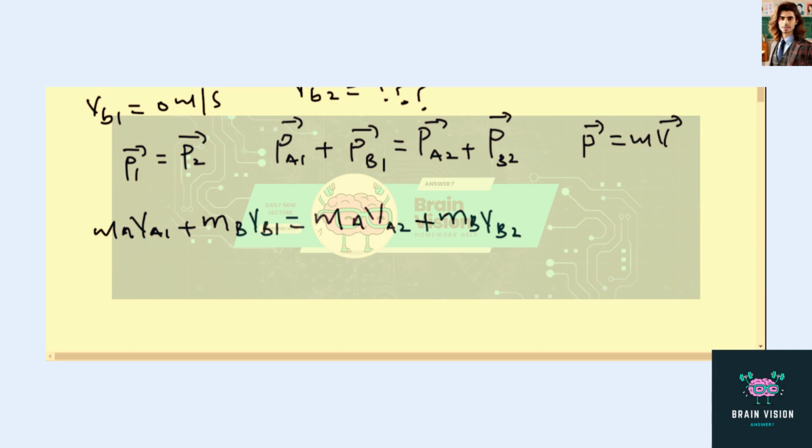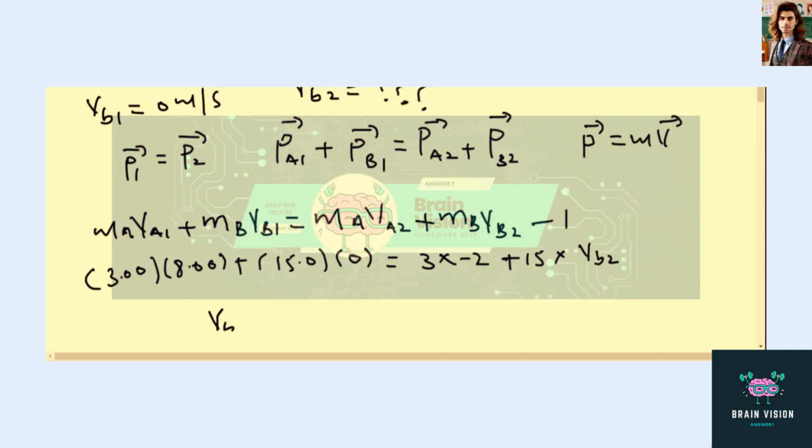Now let's do calculations. Since the block is on a frictionless surface and there is no external net force, the momentum is conserved during the collision. Let us plug in values in equation number 1.